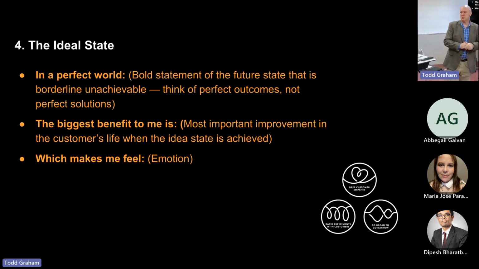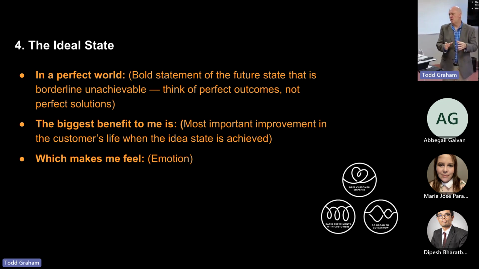So you're working towards this ideal state. In a perfect world, you want an outcome of some sort. Think of perfect outcomes, not perfect solutions. You're not trying to identify what's the perfect solution for this problem.